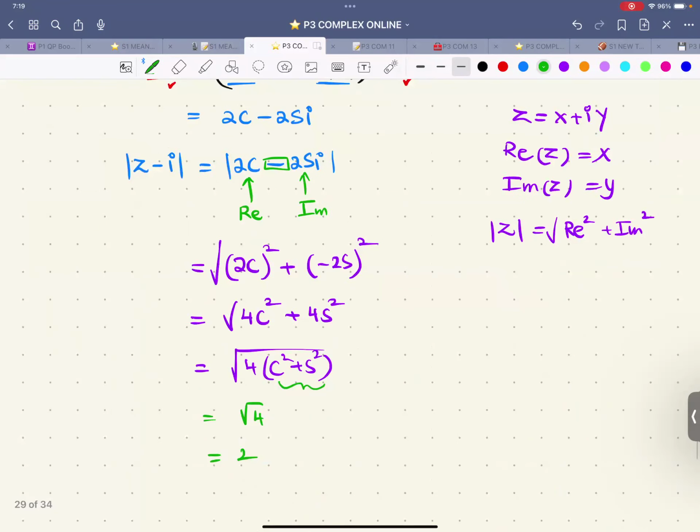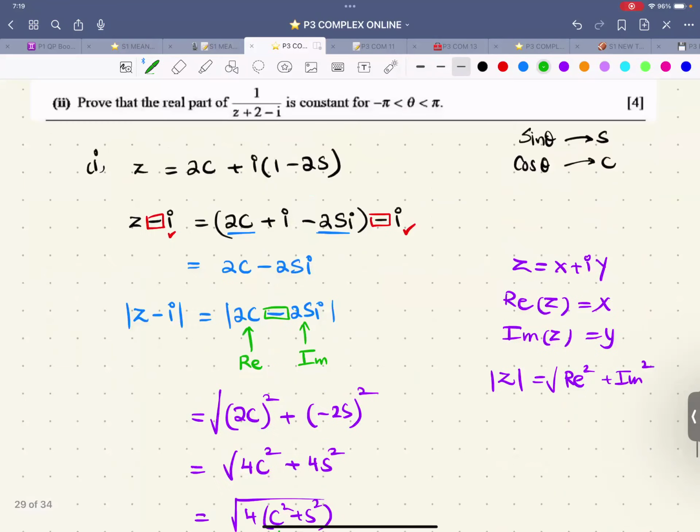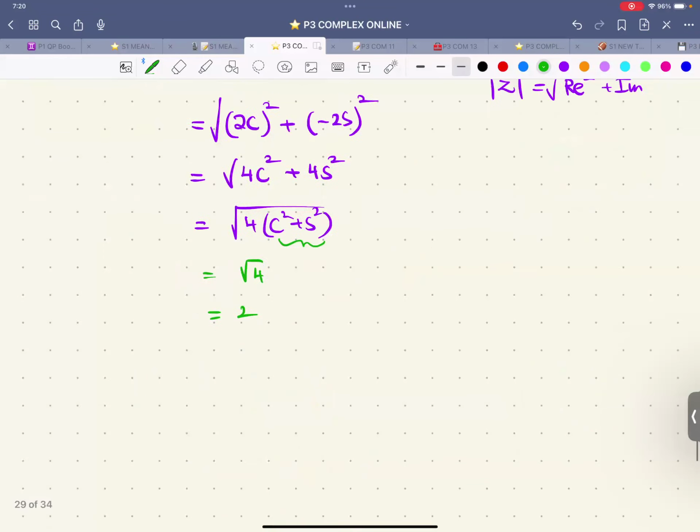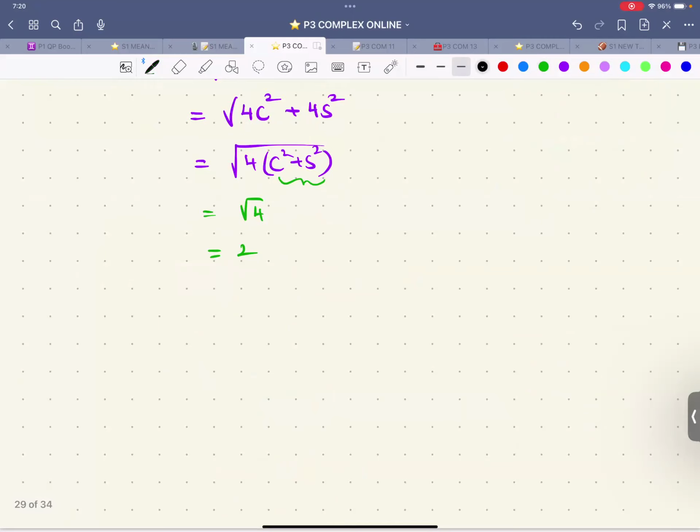So therefore, the modulus of z minus i is equal to 2. Now it says, hence sketch on an Argand diagram. So what exactly are we sketching? We are sketching the modulus of z minus i equals 2. We know it's a circle.